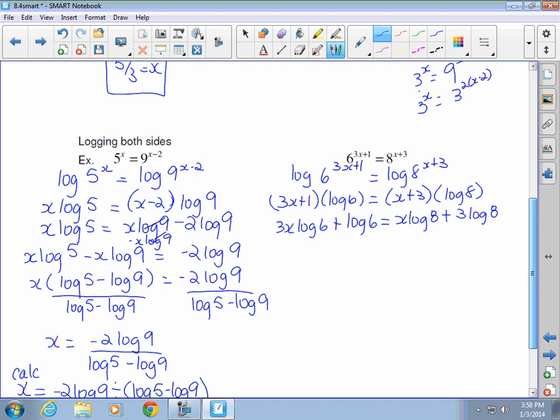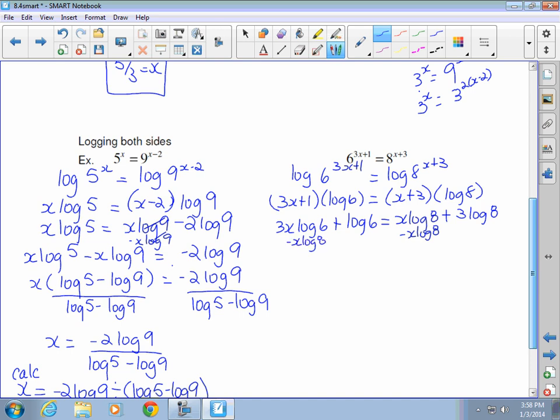Okay, so then I want to do the same thing as I did in the other one. I want to bring my variables to one side, and if I need to bring the other stuff that doesn't have a variable, in this first example here we didn't need to bring anything else over. In this example we do. So I'm going to move my x over, so minus my x log 8 from both sides.